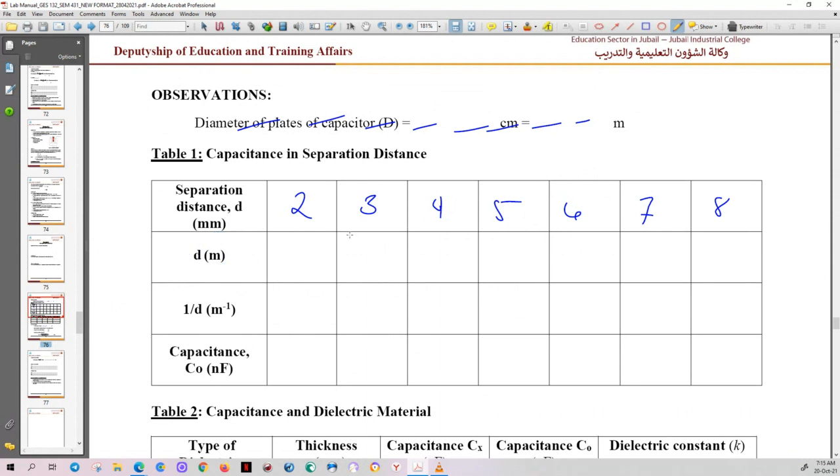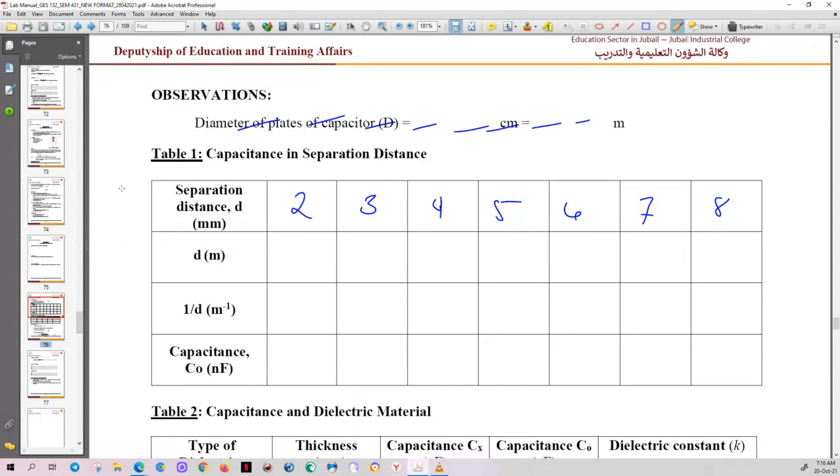So how do we change millimeter to meter? Anyone want to answer? Or should I call name? Okay, let's call name. Mustafa Al Safwan, how do you change from meter to millimeter?